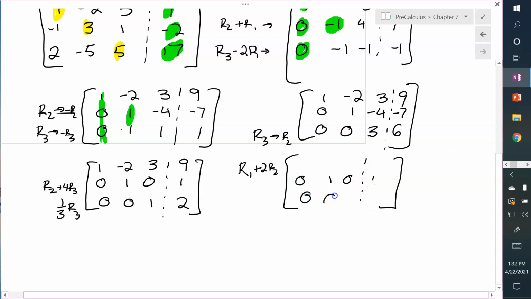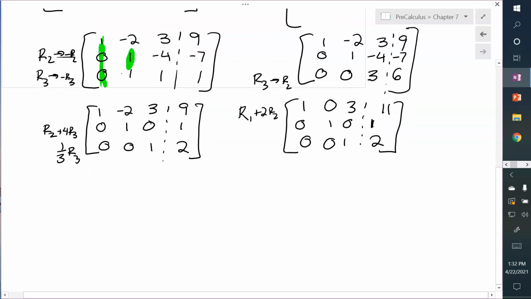Row 3 is 0, 0, 1, 2. And then in row 1, I'm going to get a 1. And then I add to row 2, so I get a 0 there. And I get a 3. And then I get an 11. And that's a 1.